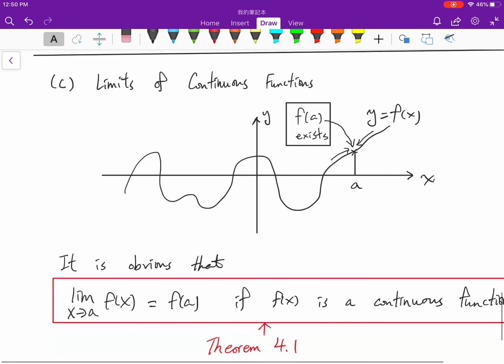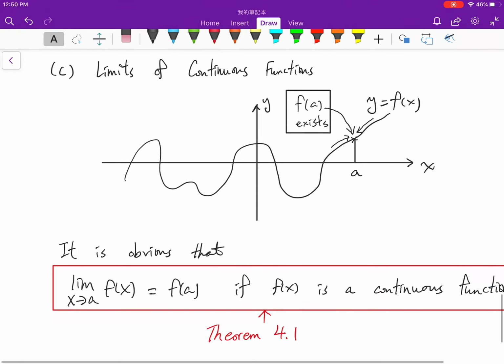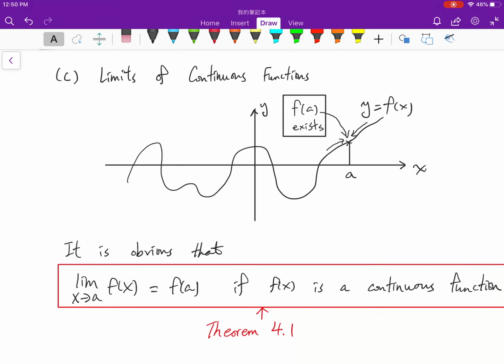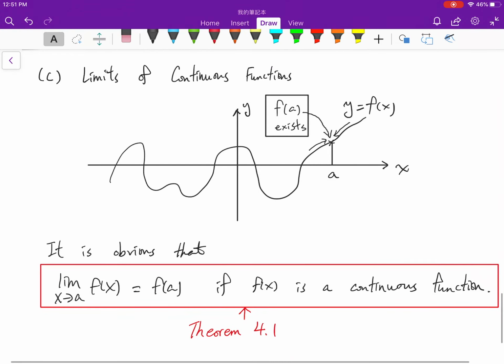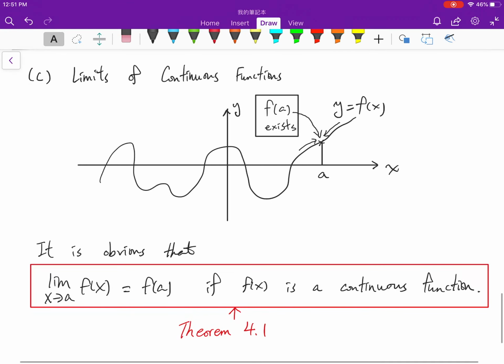And finally, we go to the limits of continuous functions. If a function is continuous, then from the left-hand side to the right-hand side, its value at a also exists. It is quite obvious that the limit as x tends to a of f(x) exists, and it will be equal to f(a) if f(x) is a continuous function.